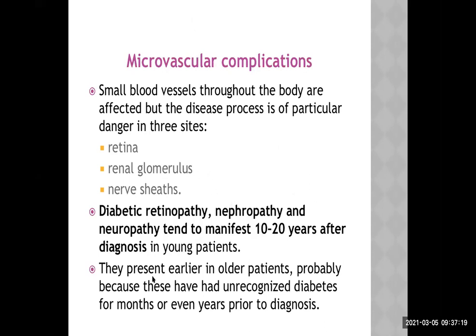Now, they present earlier in older patients, probably because these patients have had unrecognized diabetes for months or even years prior to the diagnosis. Absolutely true. I will explain this with one example. If a person is diagnosed with type 2 diabetes at 50 years old, probably he had been diabetic for a long time and was not diagnosed.